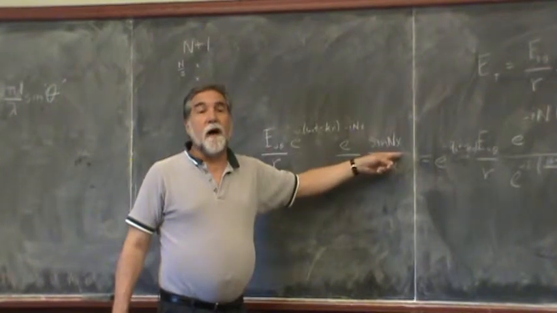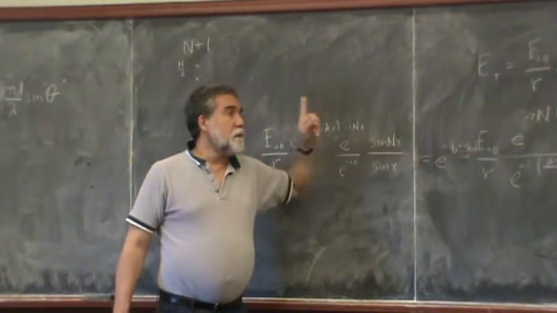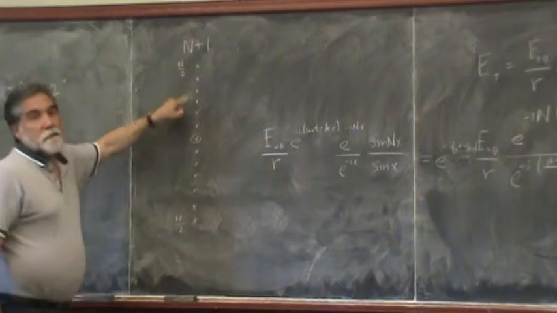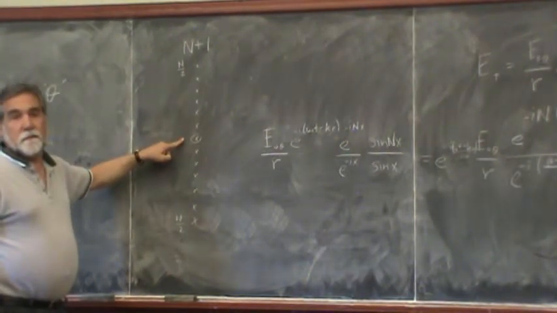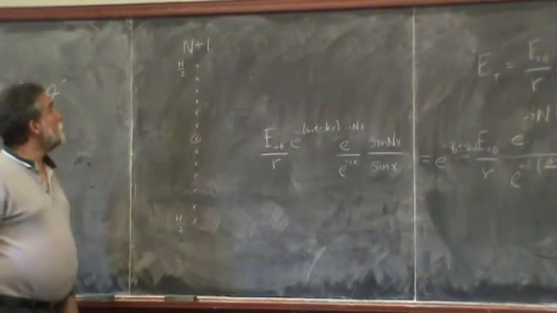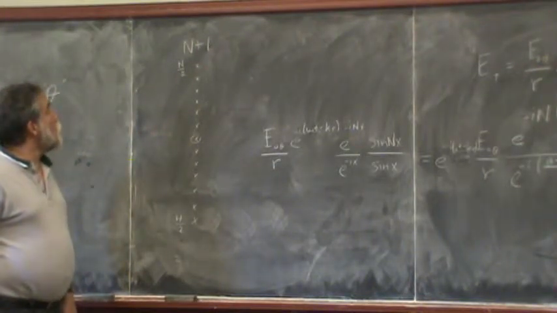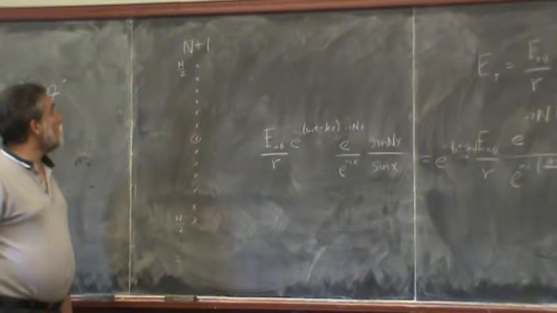Capital N has to be odd because I said that it has one in the middle. But you said that's capital N plus 1. So do you mean capital N is that entire thing? No. You're right. N plus 1 is odd. Therefore, N is even.